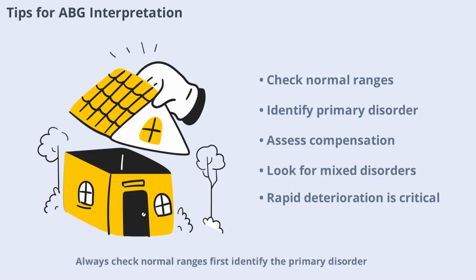Always check normal ranges first. Identify the primary disorder, assess compensation, and look for mixed disorders. Use the anion gap and rules of thumb to refine your diagnosis. Remember, rapid deterioration in ABG values is more serious than gradual changes.